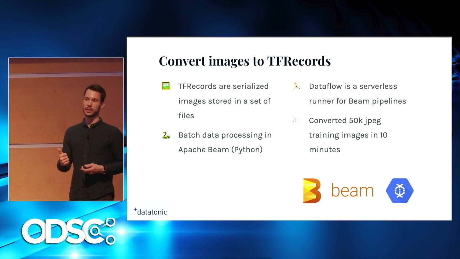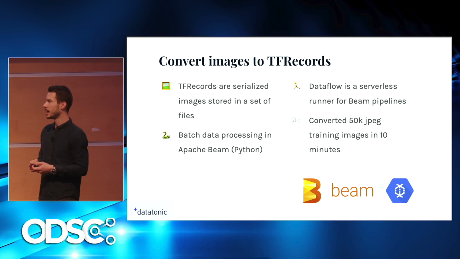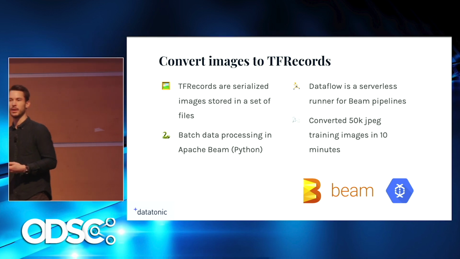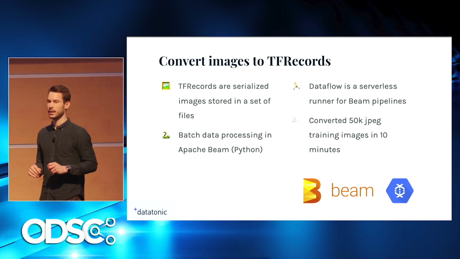It will provision whatever infrastructure it feels fits the job. It will auto-scale when needed, and will tear down everything once the job is completed. So this is a completely serverless, fully managed framework to run this processing. And we've done the conversion of 50K images in 10 minutes, but that includes the time to spin up infrastructure and tear down. But that's all hands-off. You don't have to deal with that.